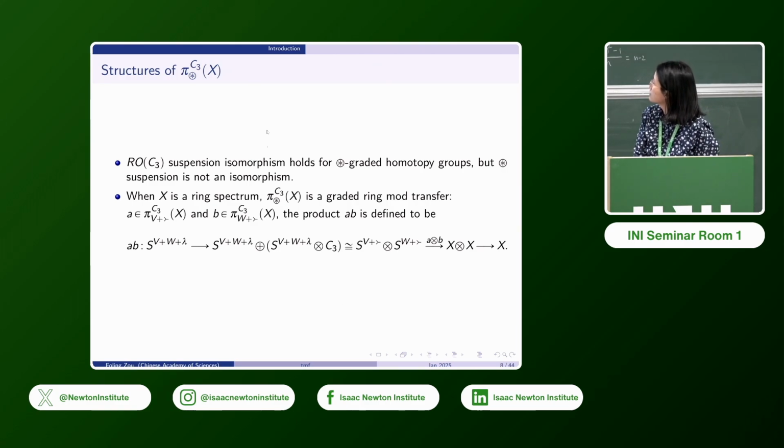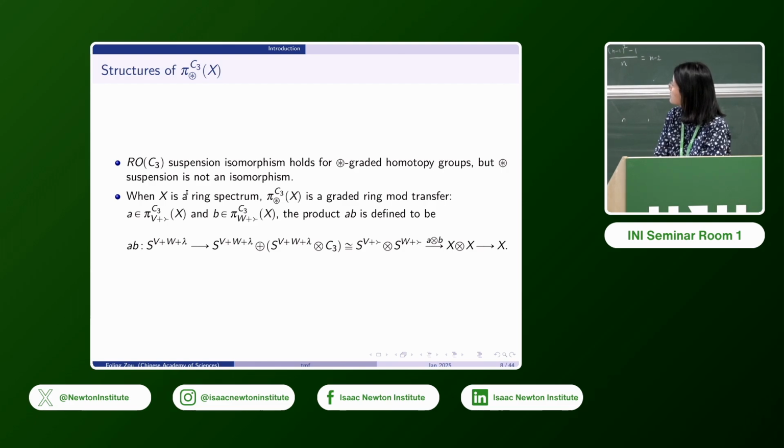And some features of it is that now we have suspension isomorphism only for RO(C3) spheres, but we cannot suspend by spoke spheres. It's not an isomorphism. And we can also define ring structure with some care.